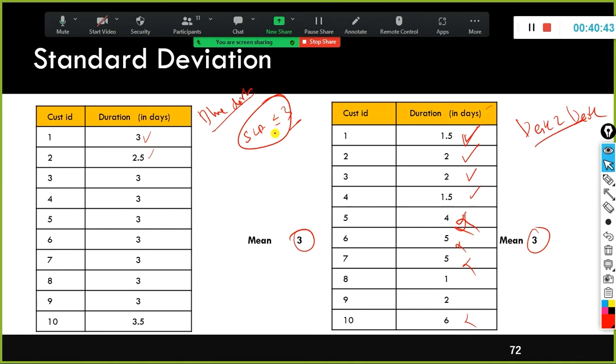There are some companies, you might have heard about this, where if you violate the SLA, that means if you deliver after 3 days, it leads to some kind of penalty. The company has to pay a penalty. You already agreed, and as part of the agreement it is mentioned that if you miss the SLA, you are supposed to pay a penalty.